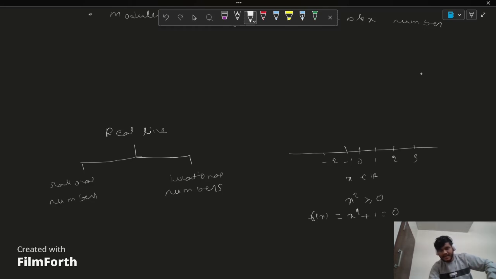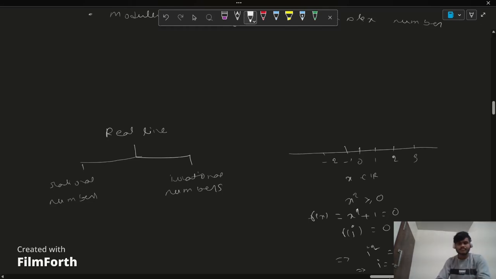That's why we need an imaginary number i that will satisfy that equation, that is f of i equal to 0. That means i square equal to minus 1. That will give us i equal to root under minus 1. I hope that is clear.